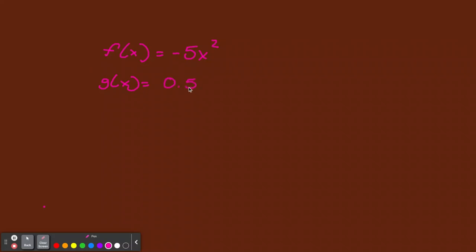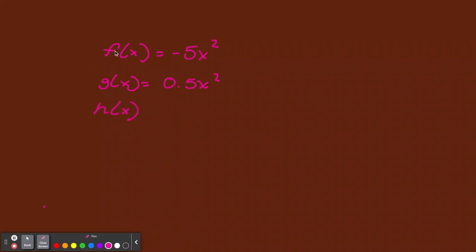All right, let's say you had these quadratic equations. And which color should we use? I'll just keep that color. Let's say you had f of x equals negative 5x squared. And now let's say you had also g of x that equals 0.5x squared. And we'll use h of x.